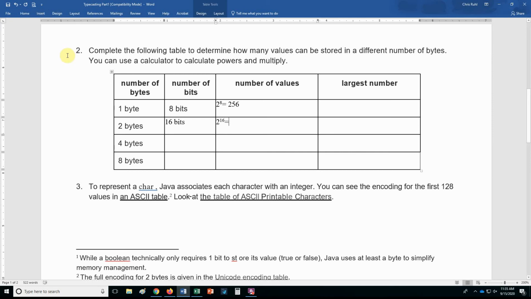And that would be equal to a much larger number than 256. It's actually 65536. That's the number of values.